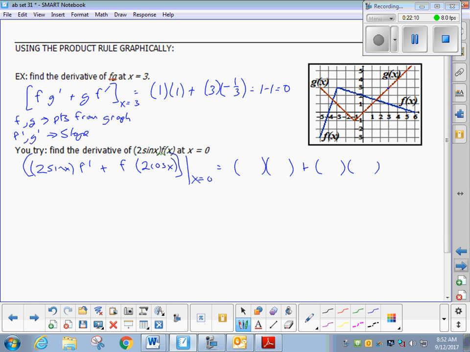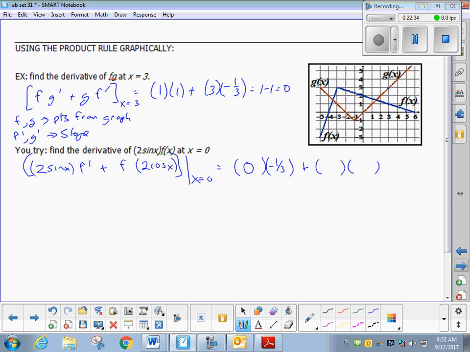Okay, so first of all, do you agree with my product rule by general derivative? 2 sine f prime plus f times 2 cosine. Okay, 2 sine at 0. What is sine of 0? 0. Okay, so I suppose at that point then f prime doesn't even matter, although f prime, if you want, is negative 1/3. Yeah?